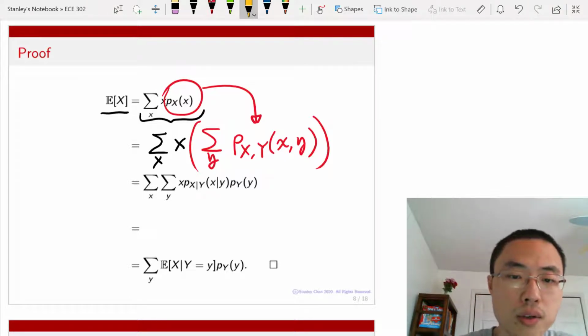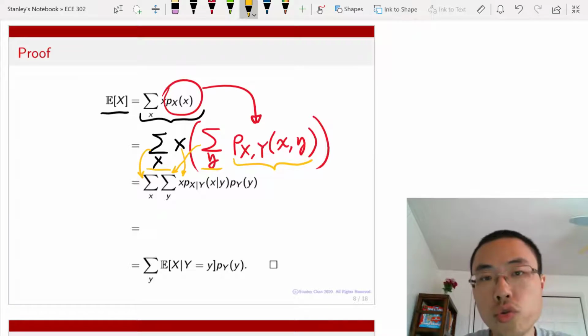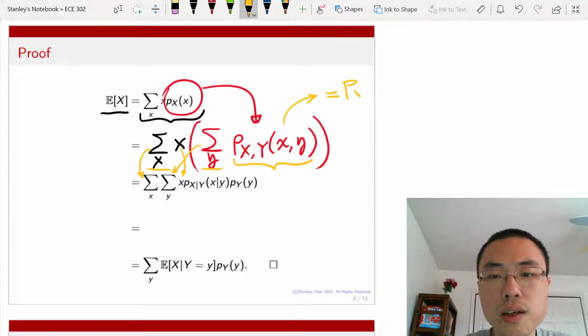Then we can look at this summation. This is a double summation, so you have a sum over x and a sum over y. Your x will remain here. How about this term? This term is the joint PMF. This joint PMF is the same as the conditional PMF, p_{X|Y}(x|y), times p_Y(y).